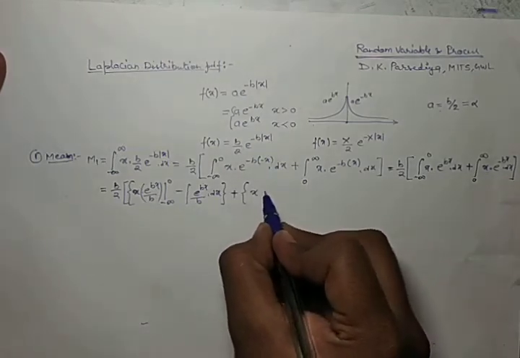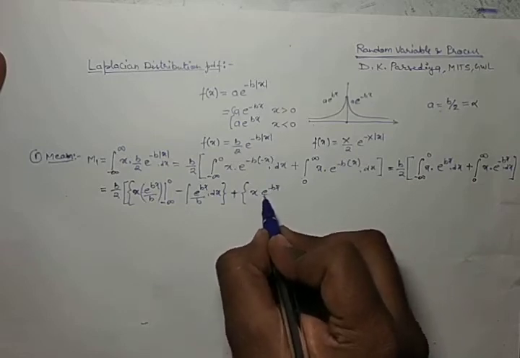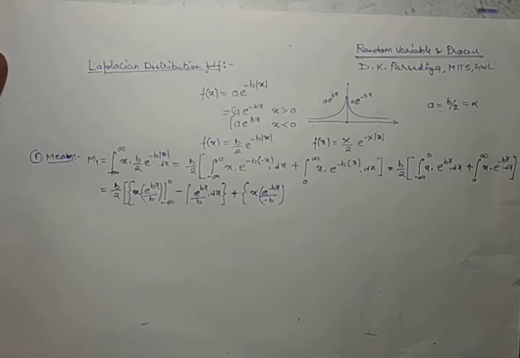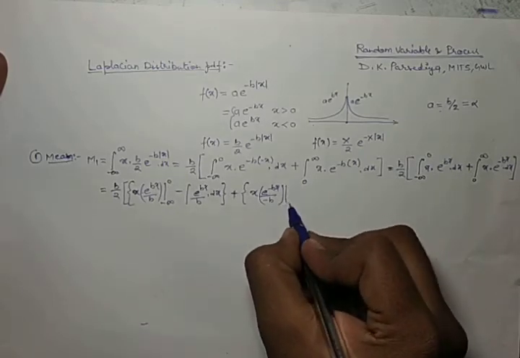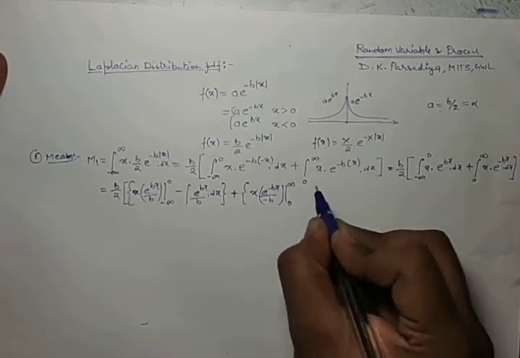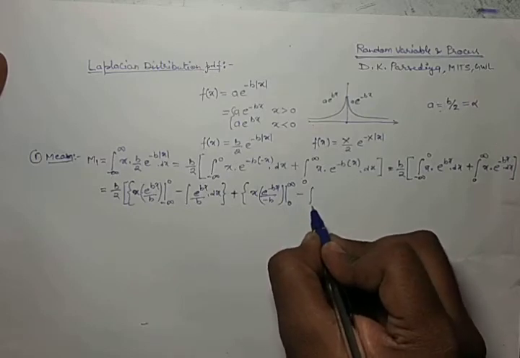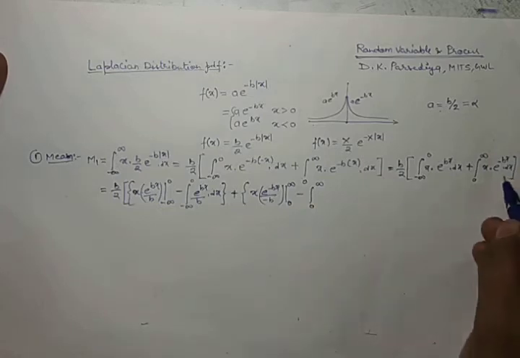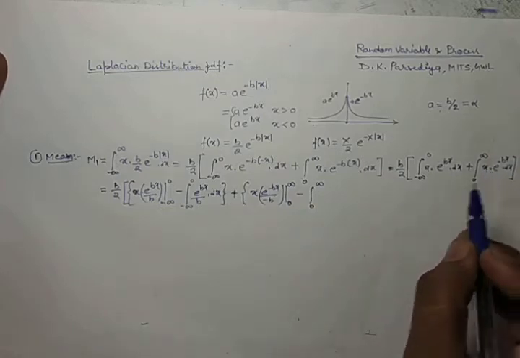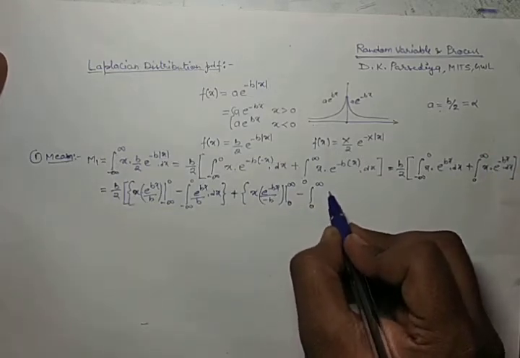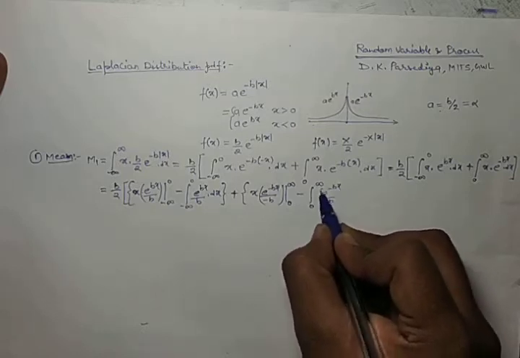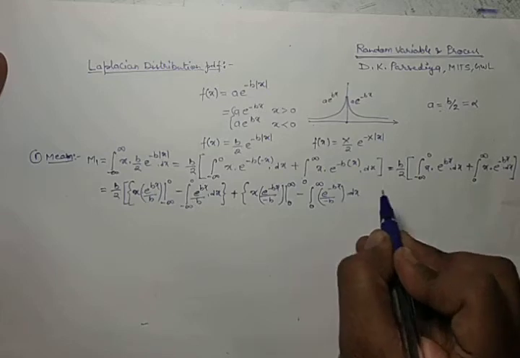So first function times integration of second function for the limit 0 to infinity, minus the integration from 0 to infinity of the differentiation of the first function, which is 1, times the integration of the second function, e^(-bx) upon minus b, dx.